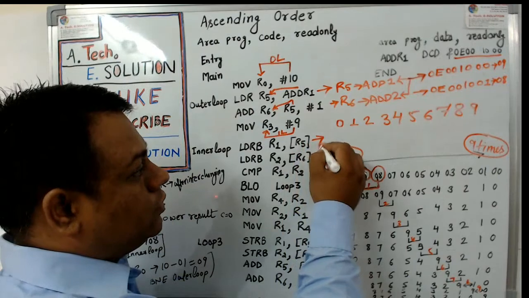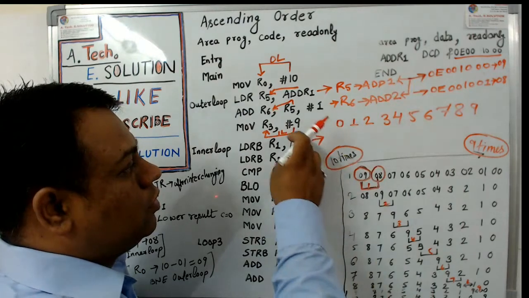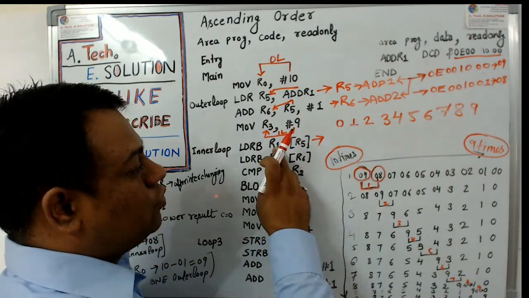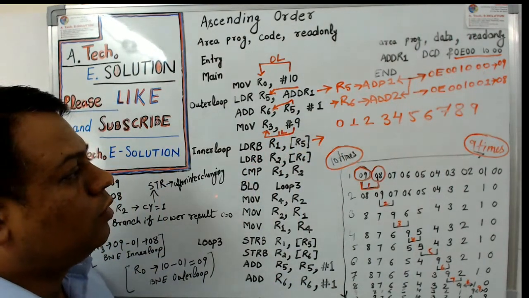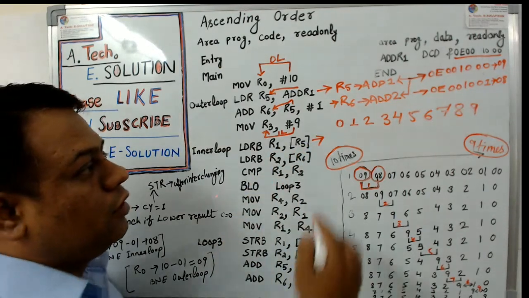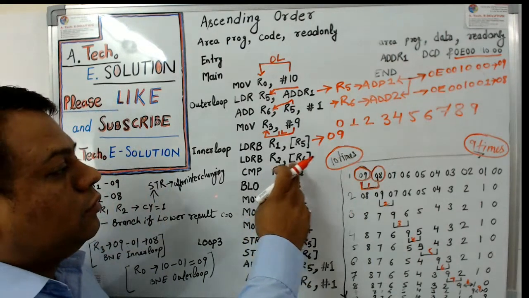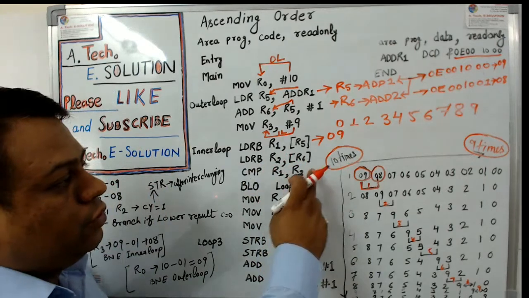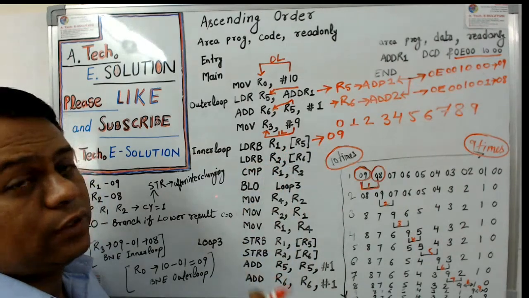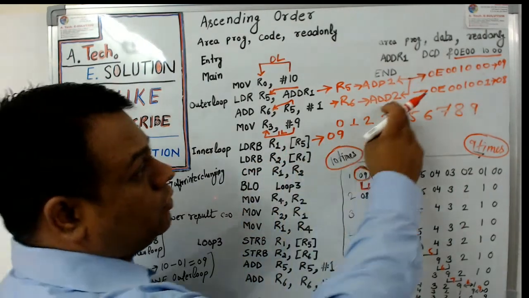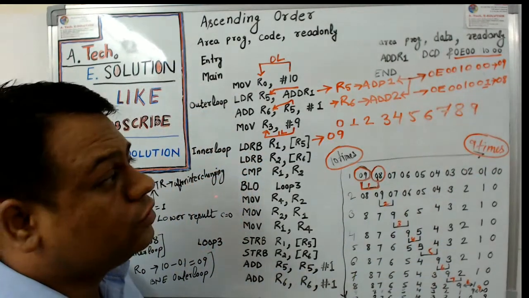In the R1 register, from the R5 memory location, we store the first value. What is the value in this R1 register? It is 09. In the R2 register we store the value from the R6 memory location. What is the value of this memory location? 08.